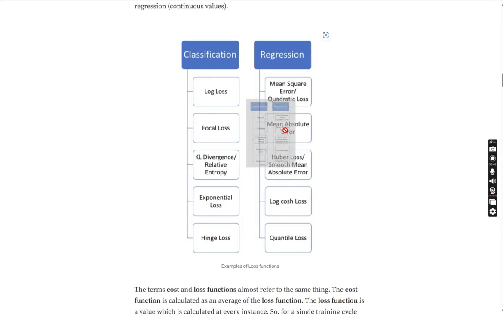Like I said, sometimes you can take the mean absolute difference, then it will be called mean absolute error. Sometimes you can square it, and then you can call it quadratic loss. Sometimes you can take the log of it, sometimes quantile of it. Different ways of calculating. Sometimes the root of the square of the error, that would be called root mean squared error.